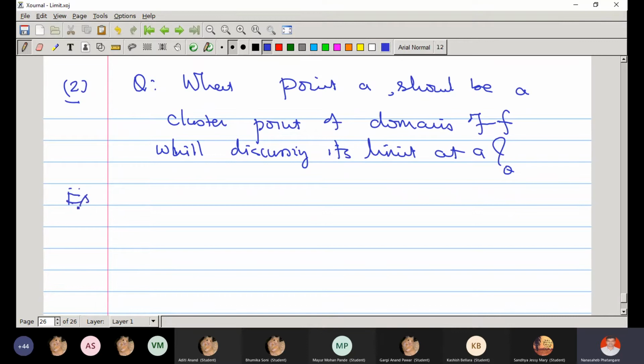Let us consider a simple example so that you can understand why the cluster point is very essential while talking about limit.